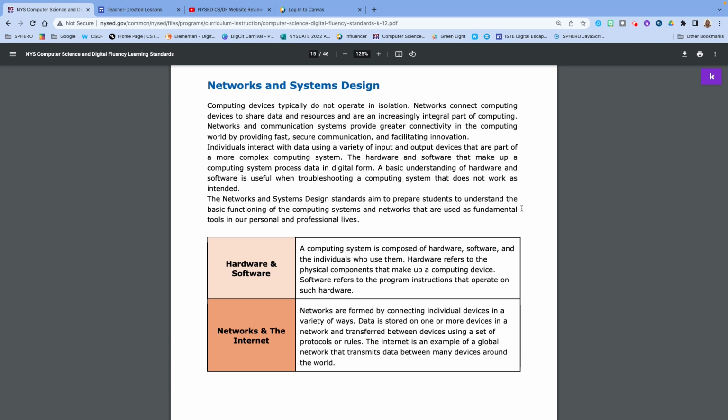So it's broken into two subconcept areas: hardware and software, and networks and the internet. Hardware and software is talking about the computing systems composed of the hardware, software, and how we use them. Networks and the internet is talking about how data is stored and how it's transferred, and thinking about the fact that we are connected in a global network.